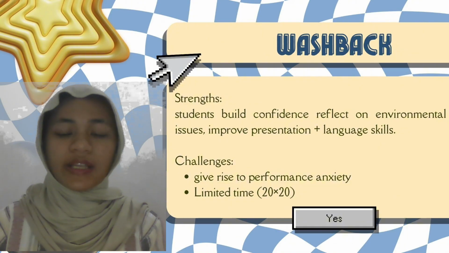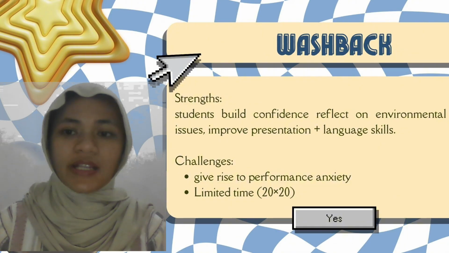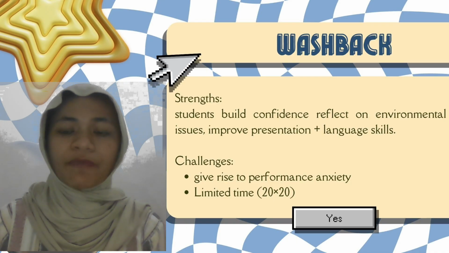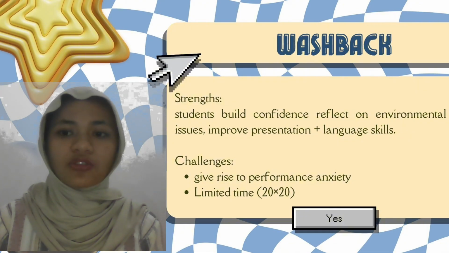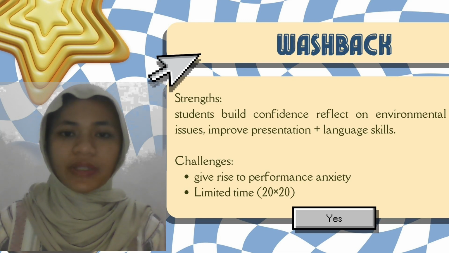Furthermore, the topic of green action also fosters environmental awareness. The challenges that often occur are performance anxiety because students feel they have to appear perfect, and the limited time of 20 by 20 makes it hard to reflect deeply on environmental issues.